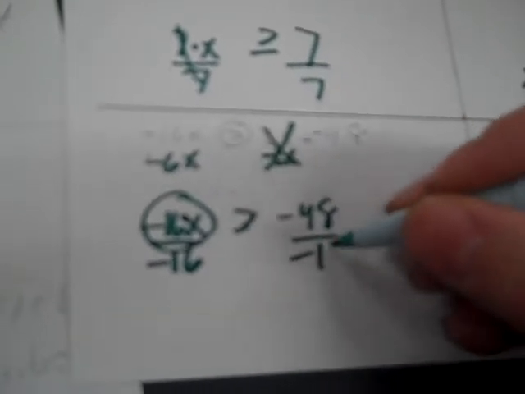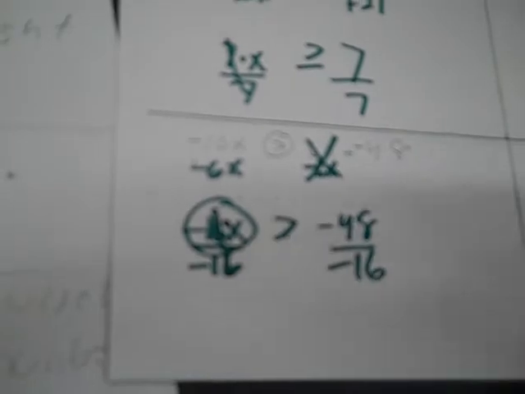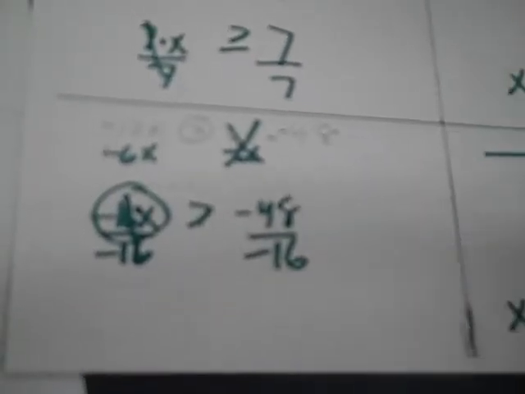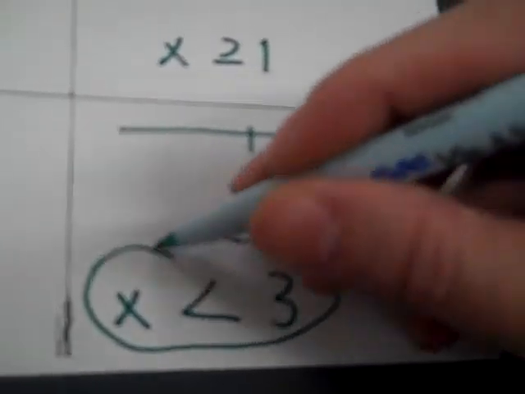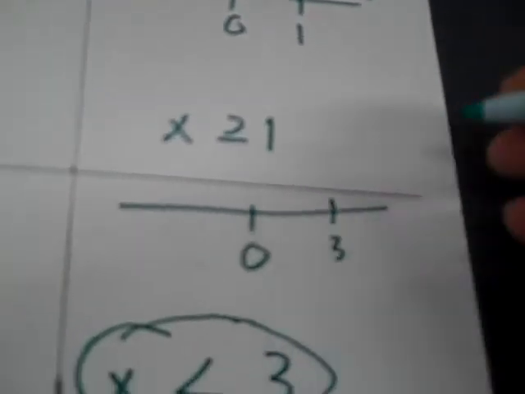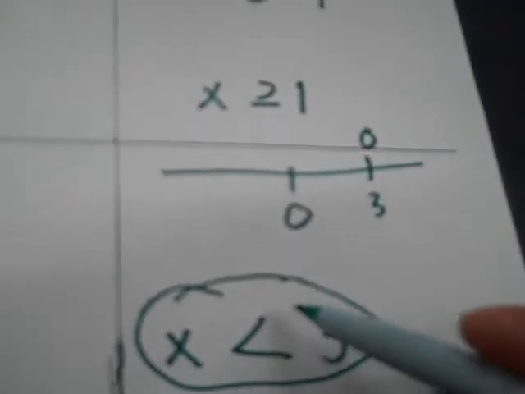So I don't have anything outside the circle, so I'm good. Divide. And after I divide, I'm going to write my answer, okay? So, cancel. I have x, that side, and negative 48 divided by negative 16 is 3, okay? Circle, and the nose goes that way.